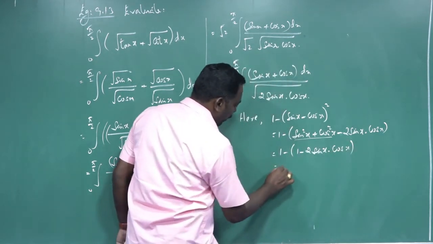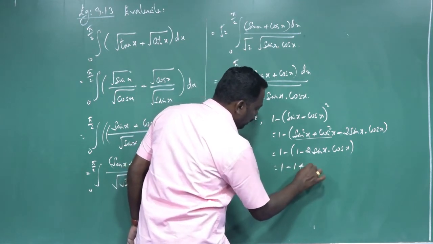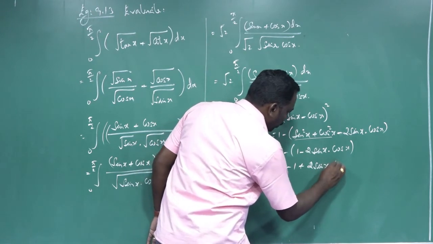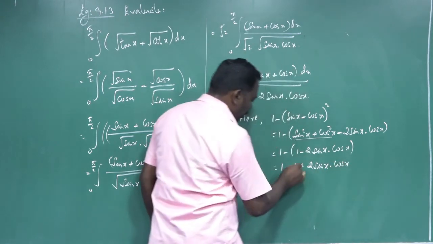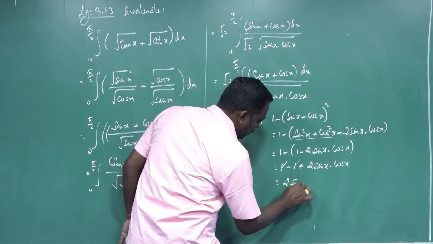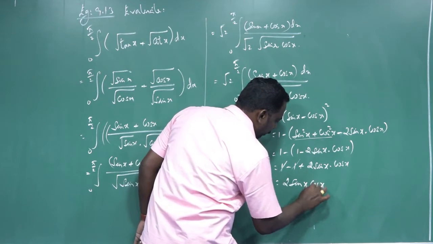Now remove the bracket: 1 minus, into plus minus plus 2 into sin x into cos x. Both the ones are cancelled. That is equal to 2 times sin x into cos x remaining.